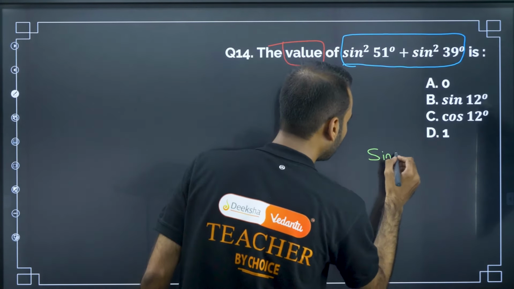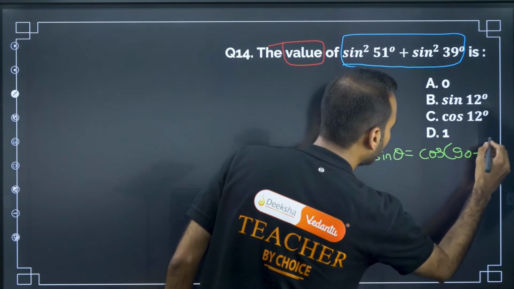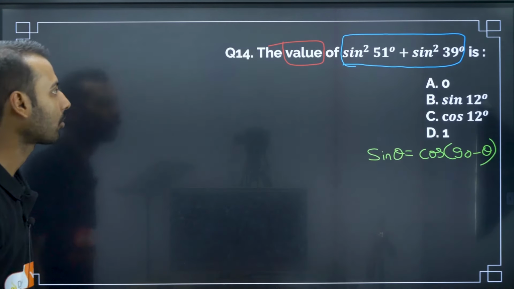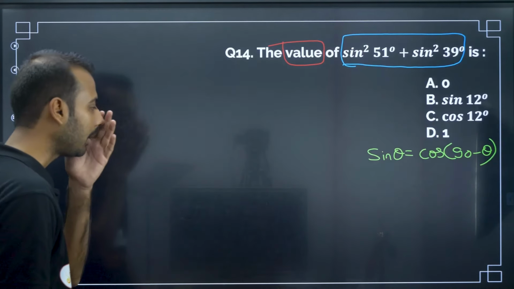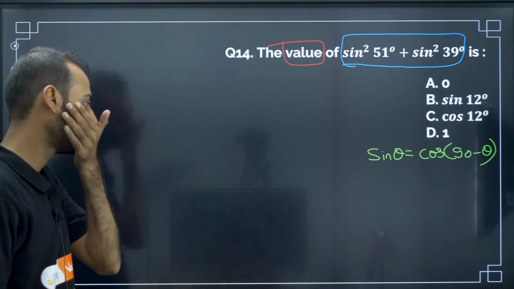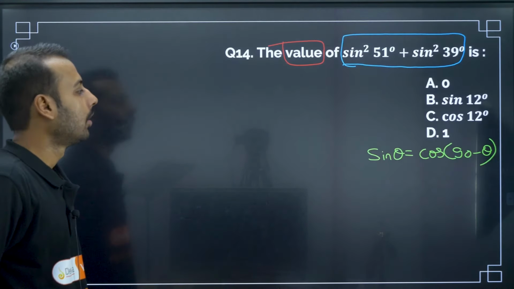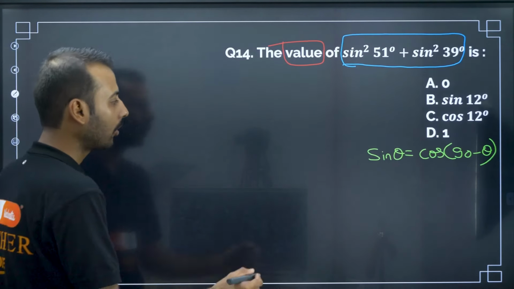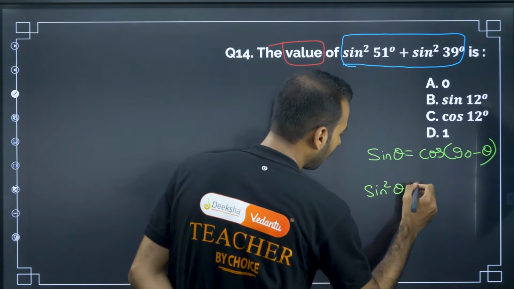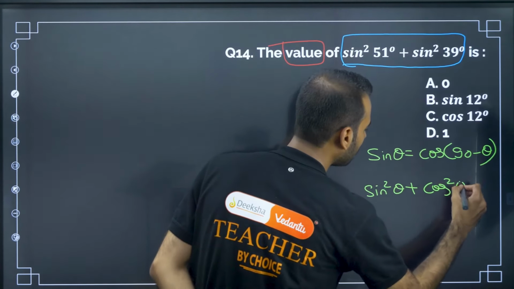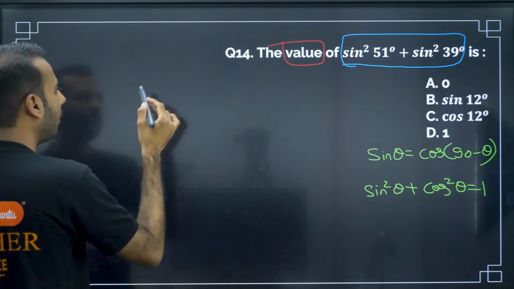Sine theta can be written as cos of 90 minus theta. And one more identity you should be knowing: sine square theta plus cos square theta is equal to 1. If you know these identities, you can solve this problem within seconds.